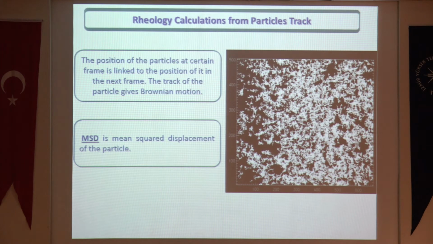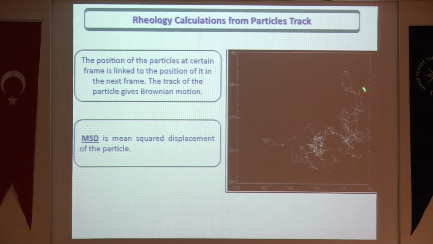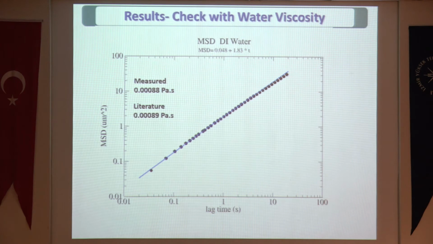From the track, this is the data, and a single track can look like this. From this, we measure the MSD in 2 dimensions, X and Y. From this MSD in water, the measured viscosity is 88 and the literature value is 89, so it's between 1% and 2%.